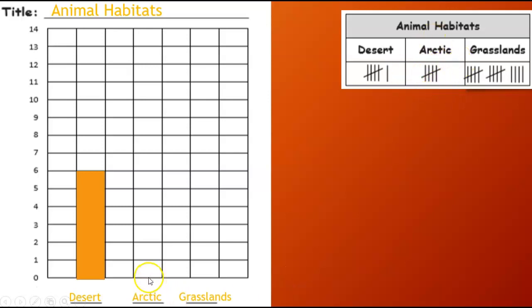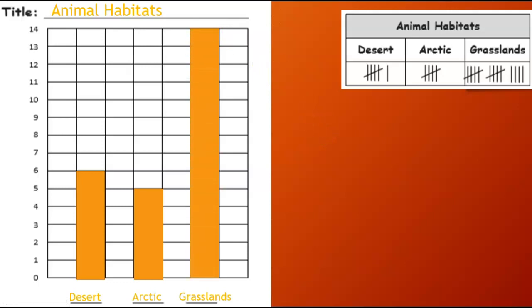So we're going to shade from the bottom up to the 5. There it is. And grasslands have, let's see, 5, 10, plus 4 more is 14. So the bottom all the way up to the top to the 14. There we go. There is our bar graph.